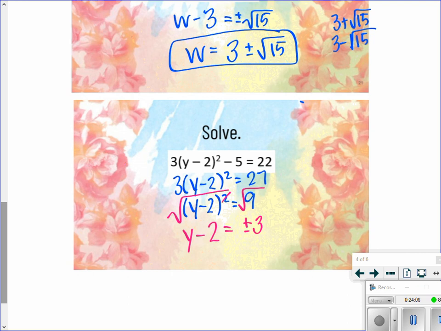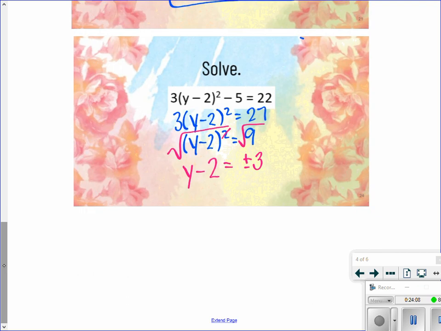Now you got the square root of something, which means there are two regular looking answers, the kind we're used to seeing. It goes into two equations. Y minus 2 equals a positive 3, and y minus 2 equals negative 3. What are the two answers to that problem? 5 and negative 1.